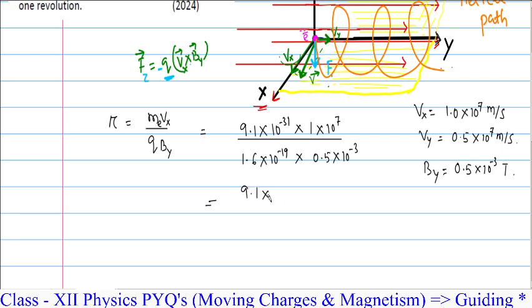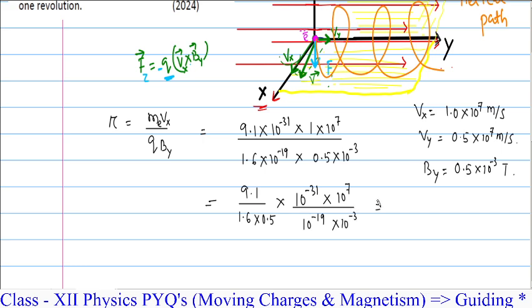So 9.1, all divided by 1.6 into 0.5. We'll be separating all these things into 10 to the power minus 31 into 10 to the power 7, whole divided by 10 to the power minus 19 into 10 to the power minus 3.